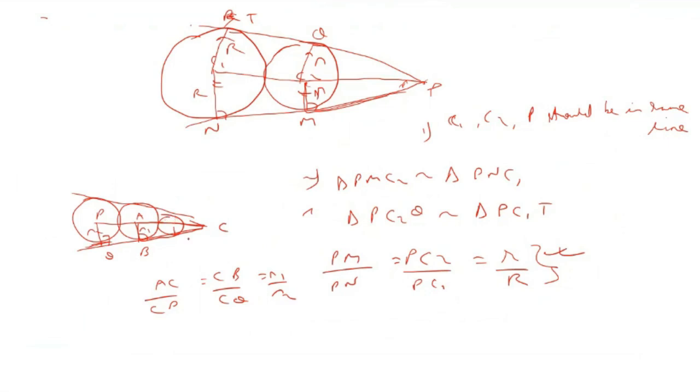So this will always hold true. This is the second aspect of it. If you are given some of the lengths and you are asked some of the lengths, in that case similarity comes to direct use.